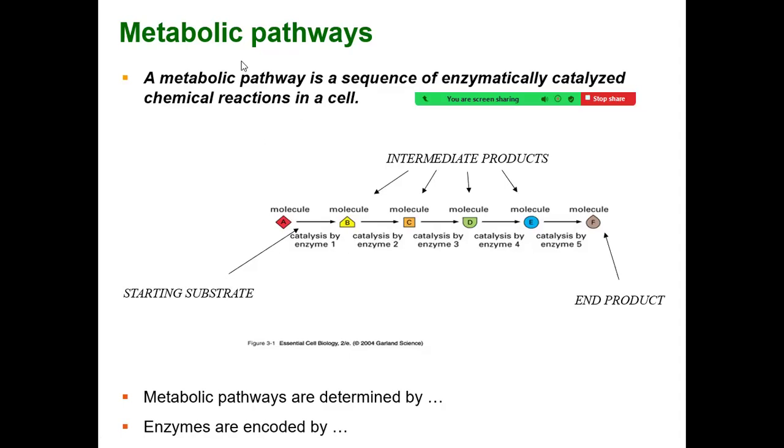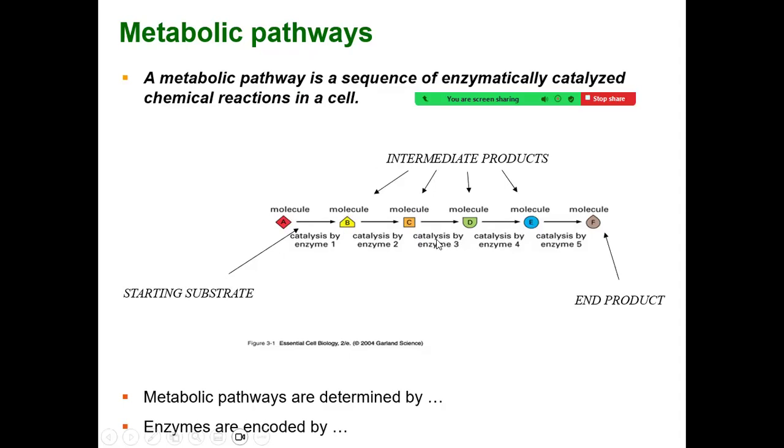So these intermediate molecules, B, C, D, and E, are called intermediate products because it's the product of the first reaction, but it's the starting substrate of the second reaction, at least molecule B. And so these are called intermediate products.